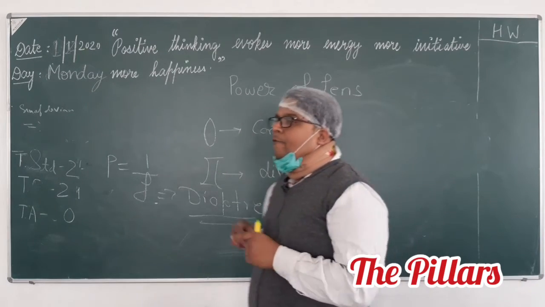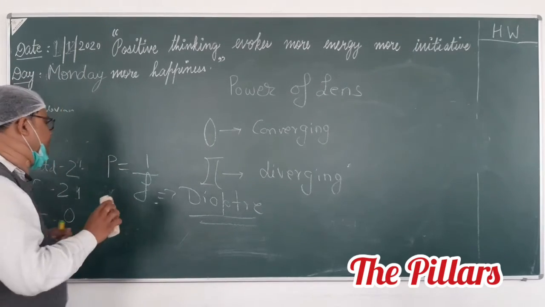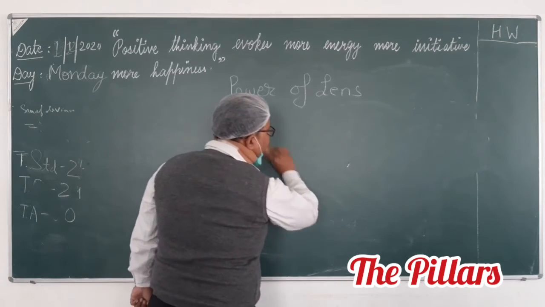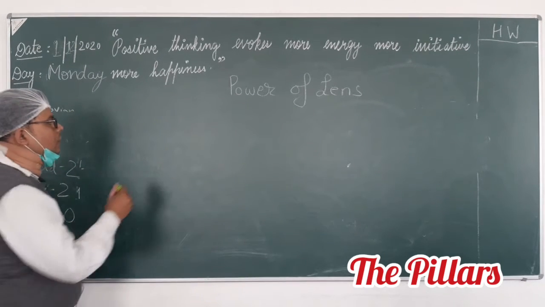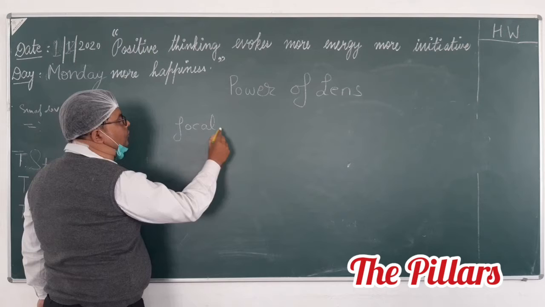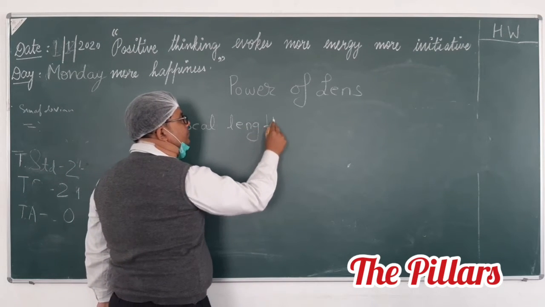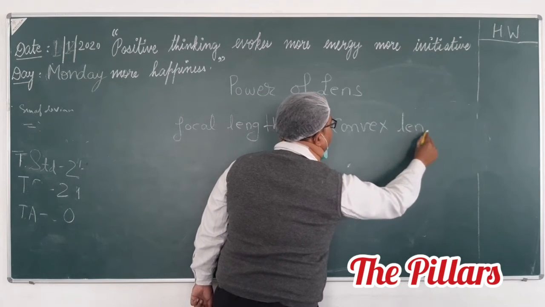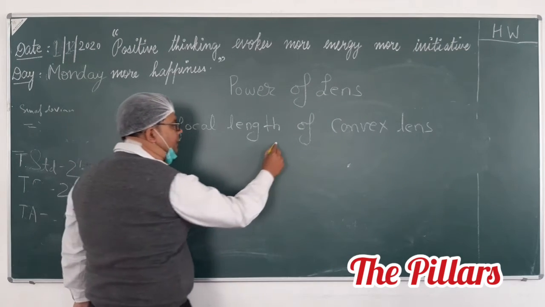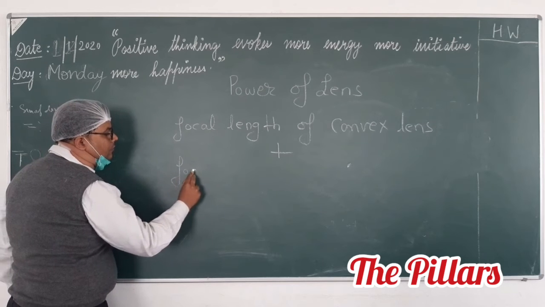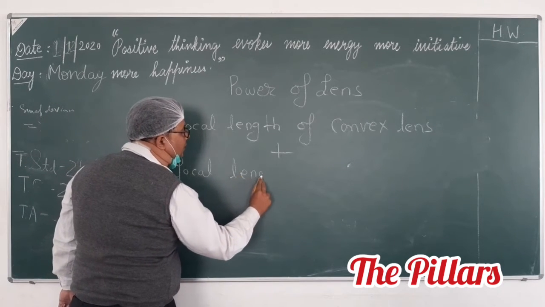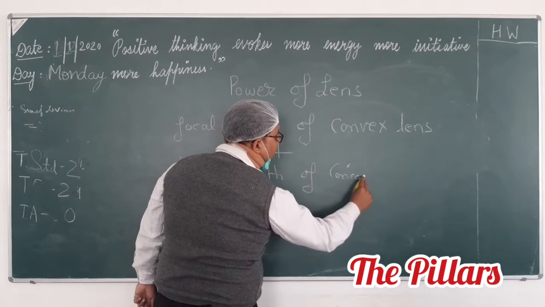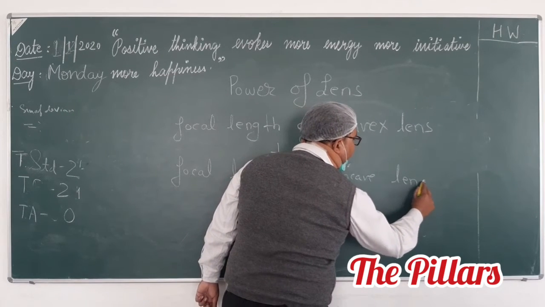If we go with the sign convention, the focal length of convex lens is taken as positive, and the focal length of concave lens is taken as negative.